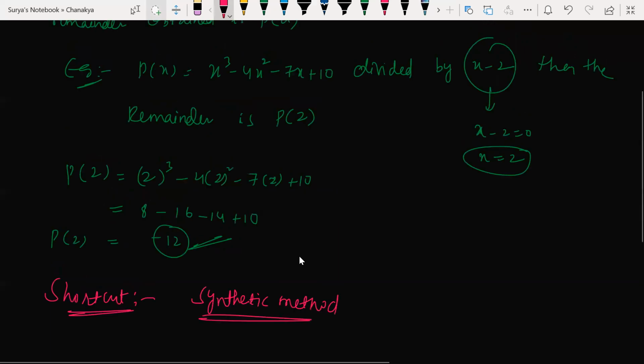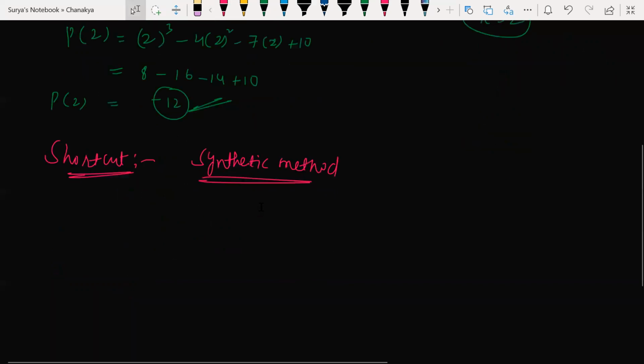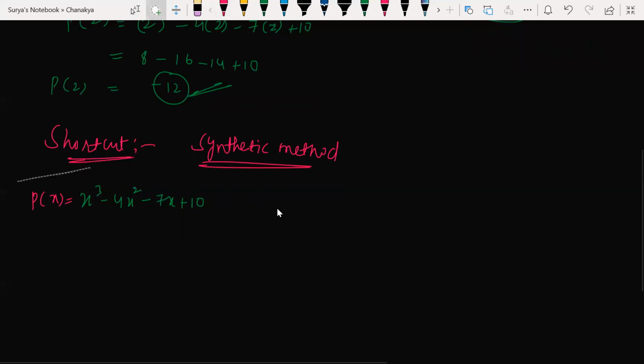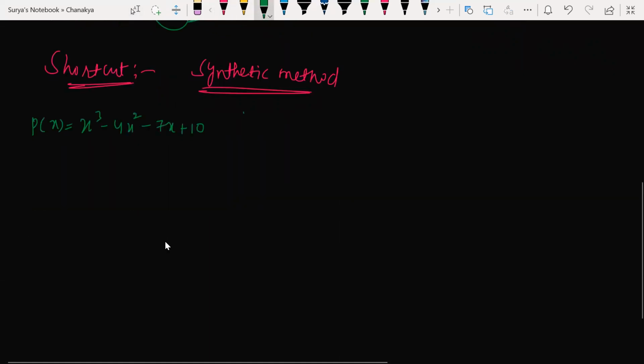Let me copy the same polynomial here. It is divided by x minus 2, given to you, right?